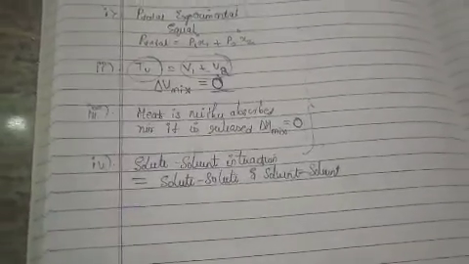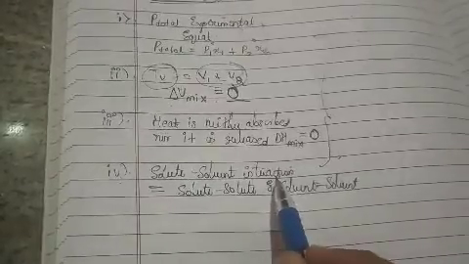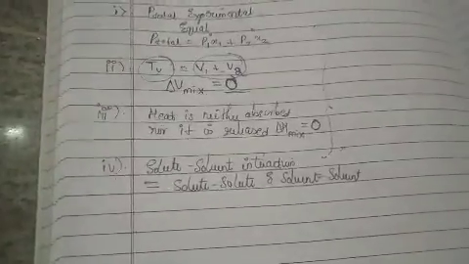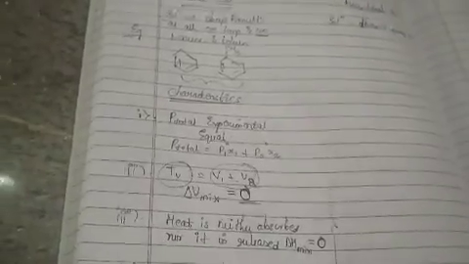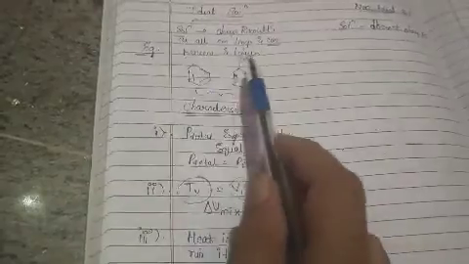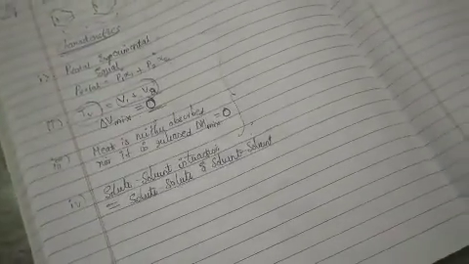Fourth, very important, the solute-solvent interaction will be equal to the solute-solute and solvent-solvent interactions. If these four characteristics are observed in a mixture of two solutions, it is called an ideal solution. Examples are benzene and toluene, n-heptane and n-hexane, and bromoethane. All these can be taken as examples of ideal solutions.